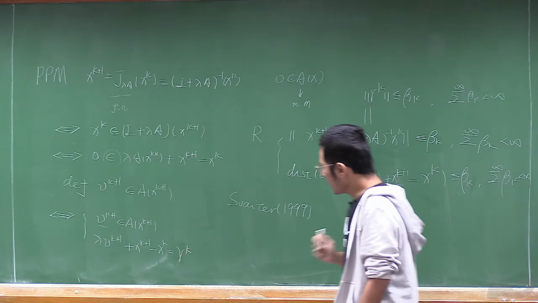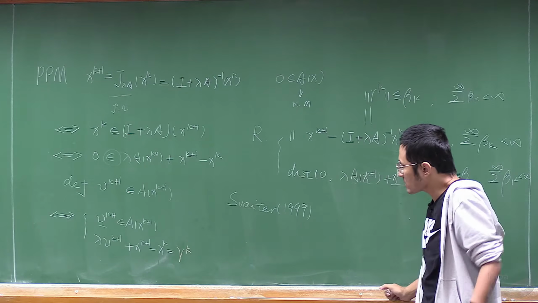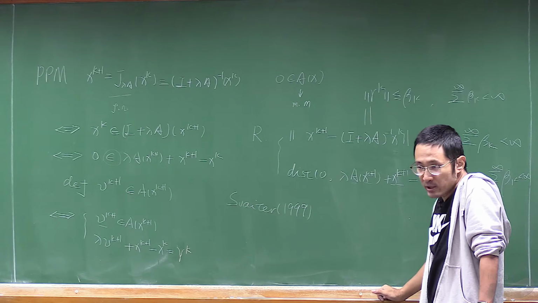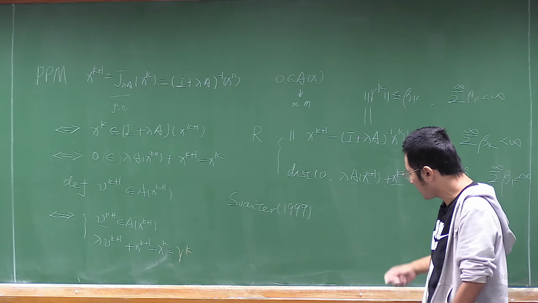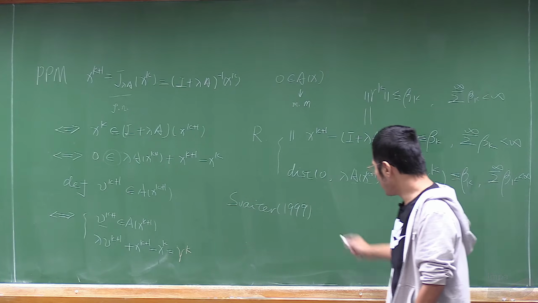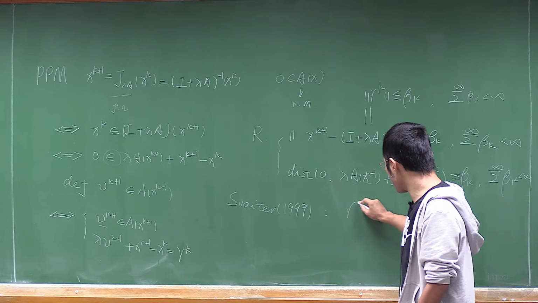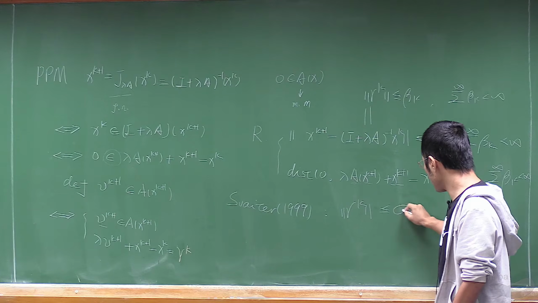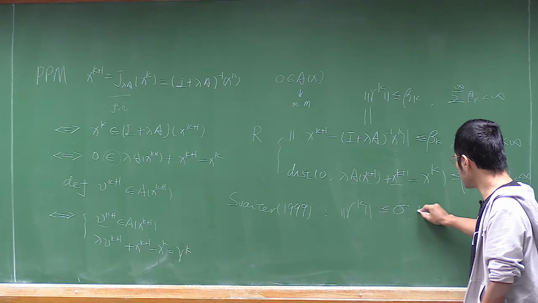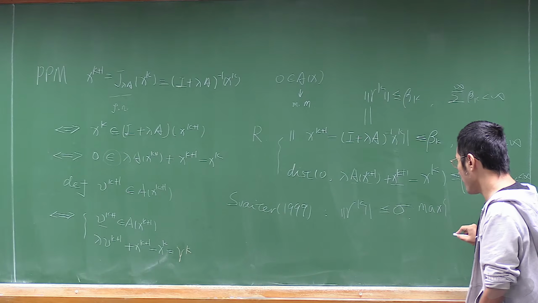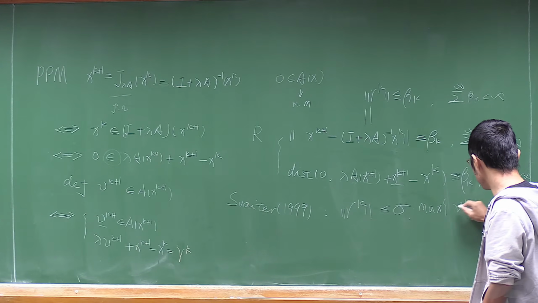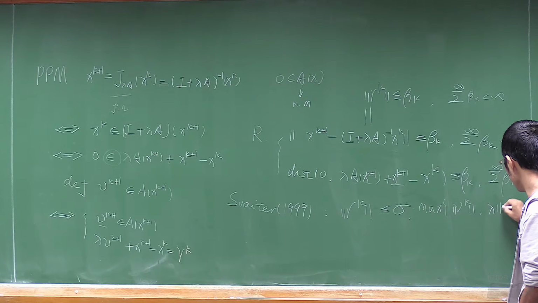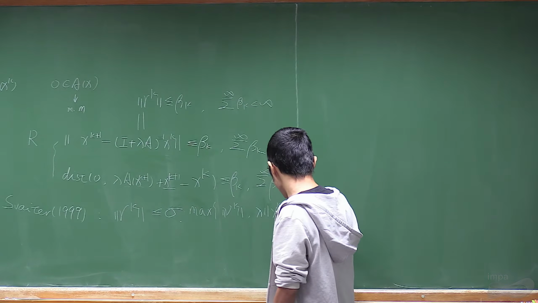But if we want to construct a more practical error criterion which you can apply in real algorithms, they proposed that the norm of rk is less than some parameter sigma times the maximum of the norm of vk or lambda times the norm of yk minus xk.